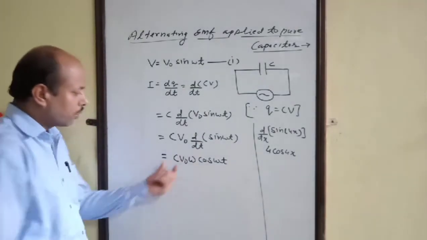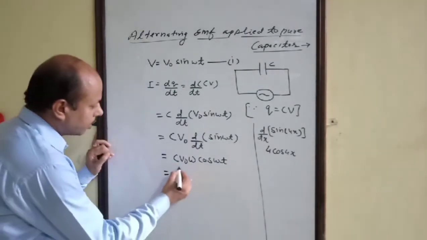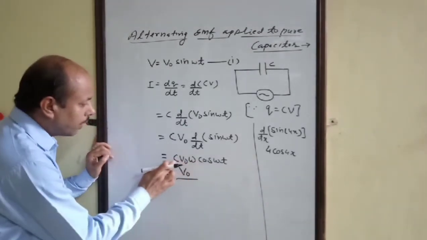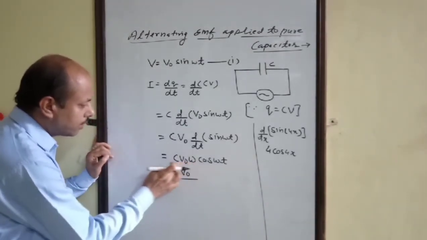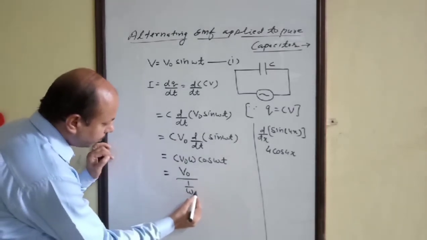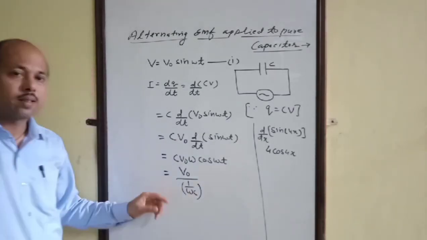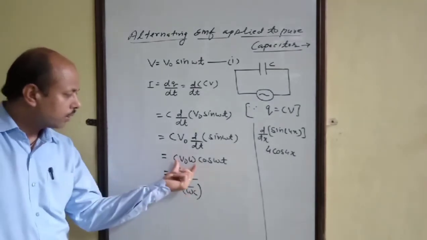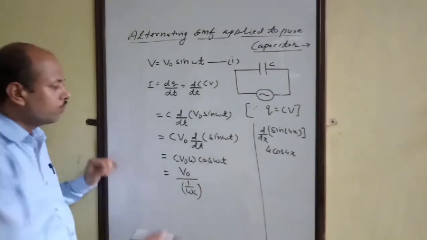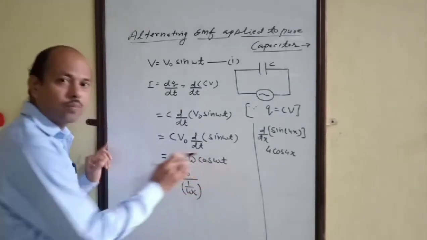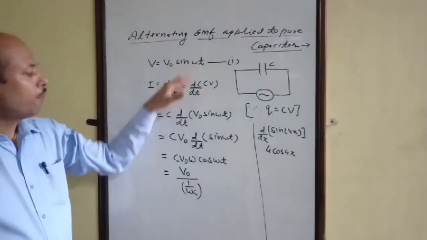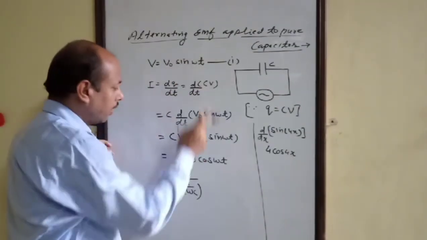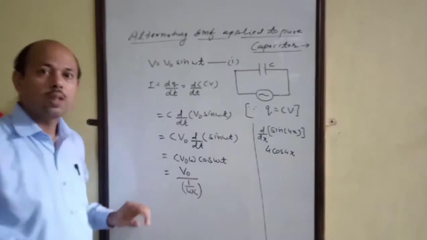Now we can arrange this equation by making some changes. Here it is V naught, and I can write omega and C in the denominator: V naught upon 1 by omega C, and this is cos omega t. We are going to compare the phase, but here the function is sin and here the function is cos.